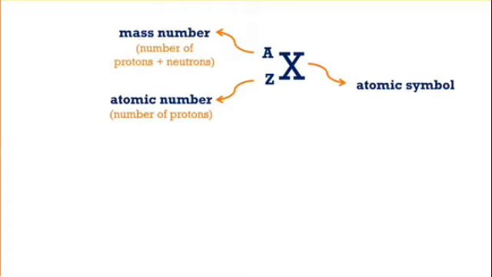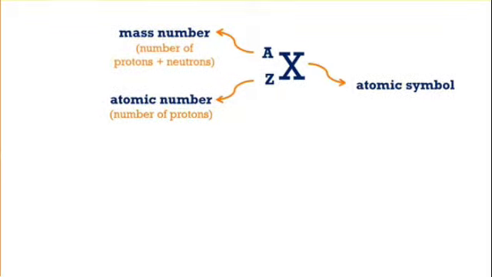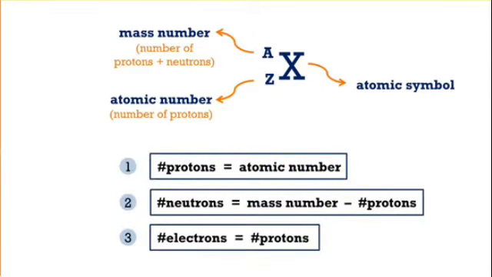Based on the illustration, the number of protons is equal to the atomic number. The number of electrons is equal to the atomic number, or protons. And the number of neutrons is equal to the mass number minus the atomic number, or the protons.